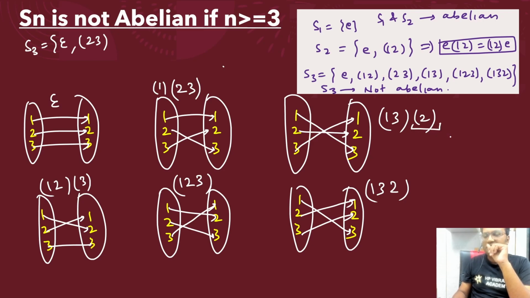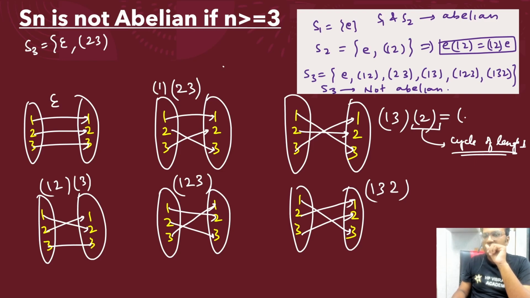Mathematicians do not prefer to write the single mapping. 2 goes to 2 is a cycle of length 1, and mathematicians do not prefer to write a cycle of length 1. Hence we ignore this.